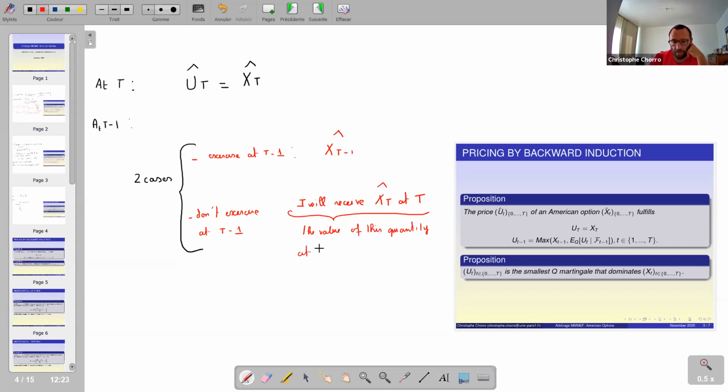at T minus 1, so the actualized value, or the value, if I want to write the value, is what? I know that if I have a contingent claim, the price at T minus 1 of my contingent claim is given by this.